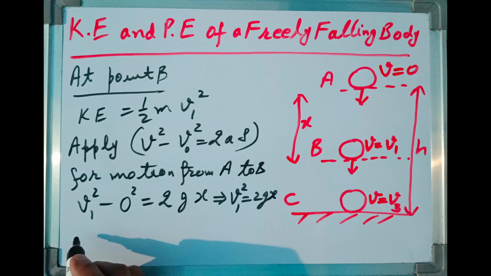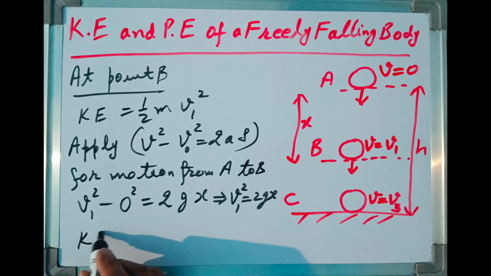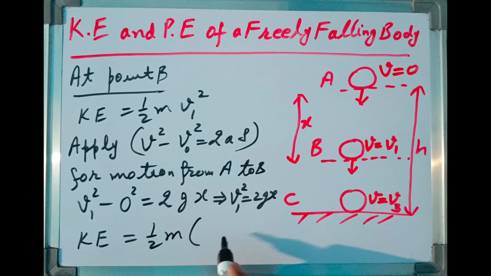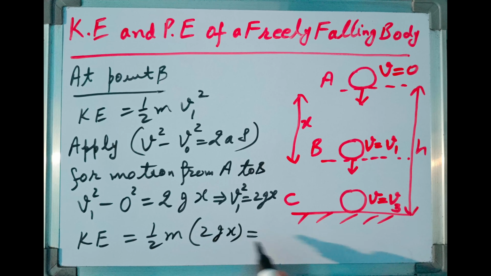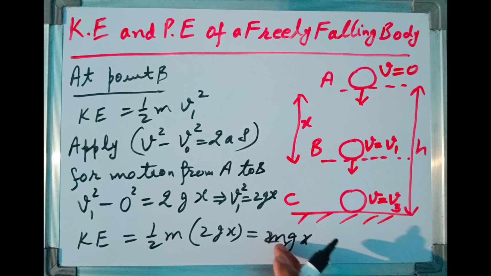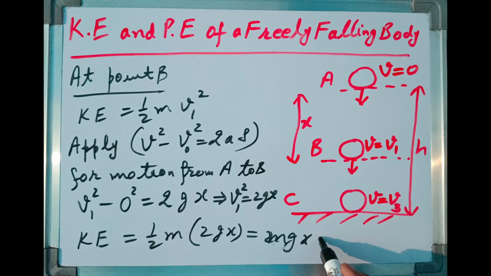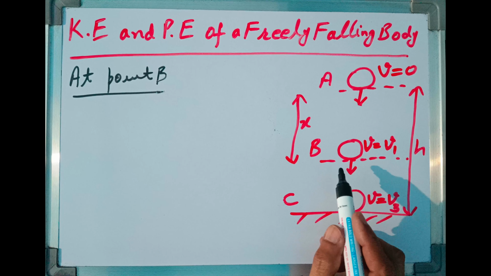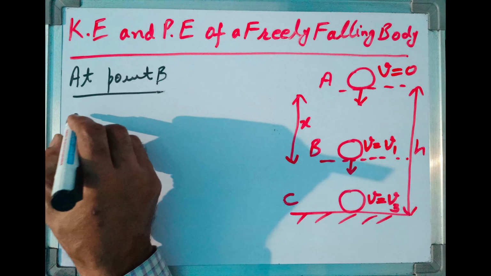It will be put in equation for kinetic energy, and kinetic energy comes out to be half m v1 square, means 2gx. After simplification, we get mgx. So this is the value of kinetic energy when the body reaches point B. Now what will be potential energy of the body when it reaches point B?